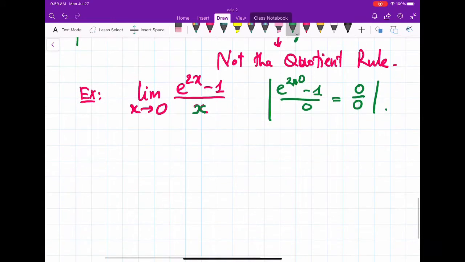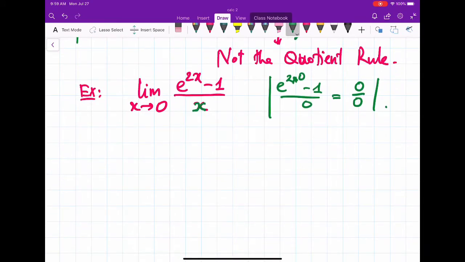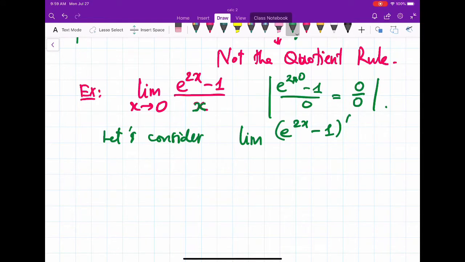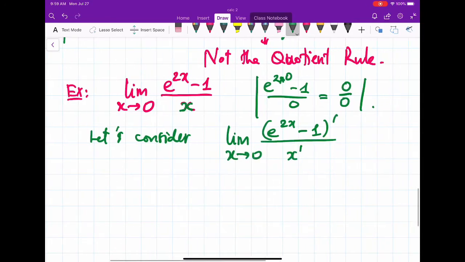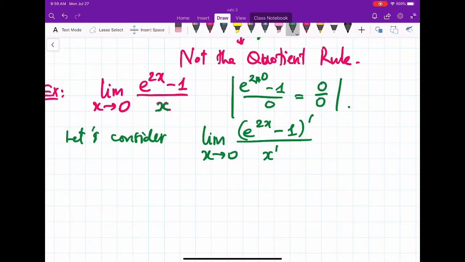So how to write the solution? Let's find the limit of the derivative of e^(2x) - 1 over the derivative of x, as x approaches 0. You cannot just write the limit of this equal to this right away.